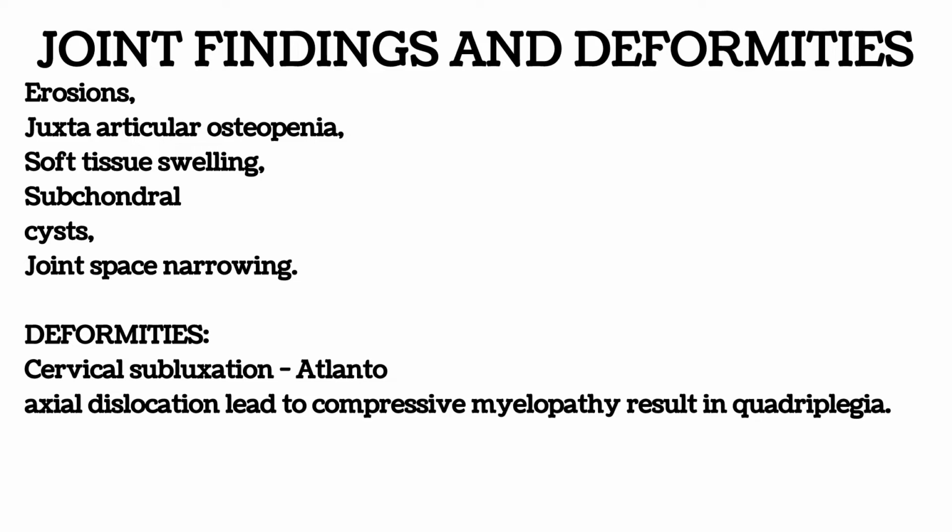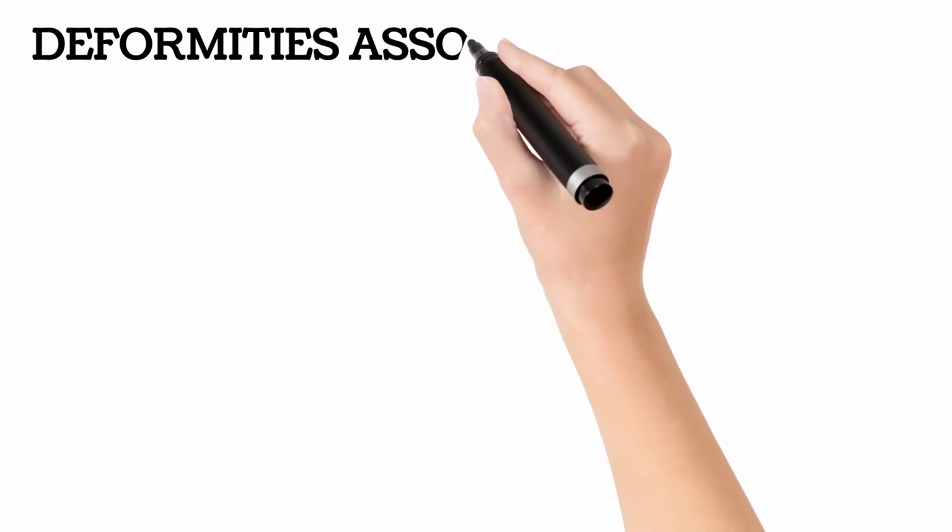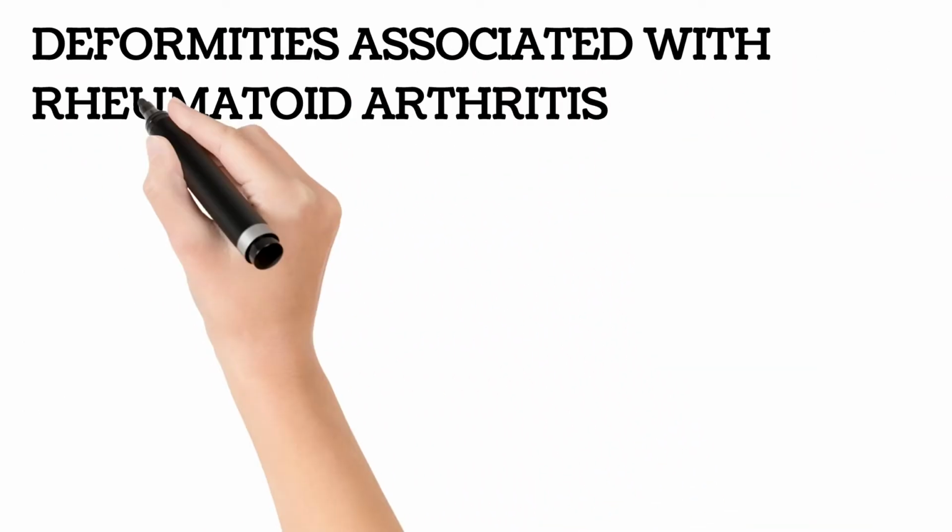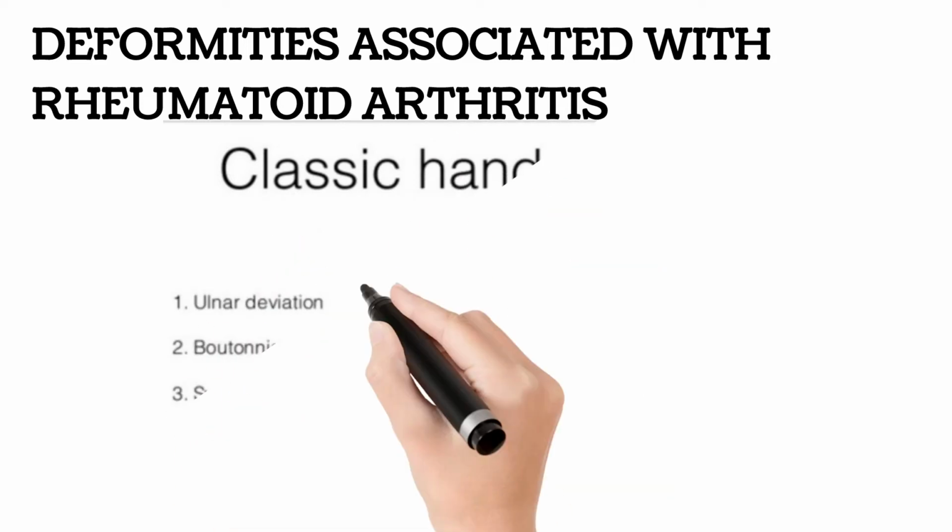The first deformity is cervical subluxation, that is atlantoaxial dislocation, which leads to compressive myelopathy and results in quadriplegia. Because of the atlantoaxial dislocation, there is compression of the spinal cord, leading to paralysis of all 4 limbs, that is quadriplegia.